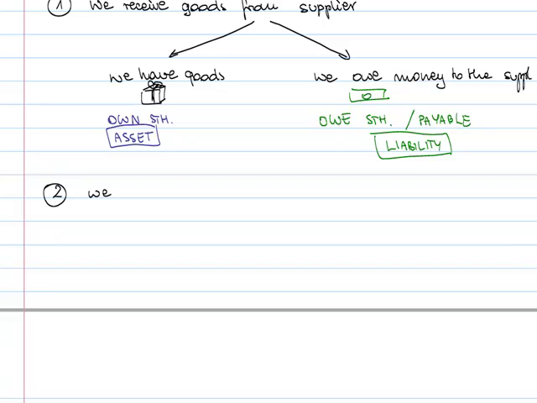When we sell something, well, that is a more complicated thing. That's actually two things at the same time. On the one hand, we have receivables. Someone will pay us.